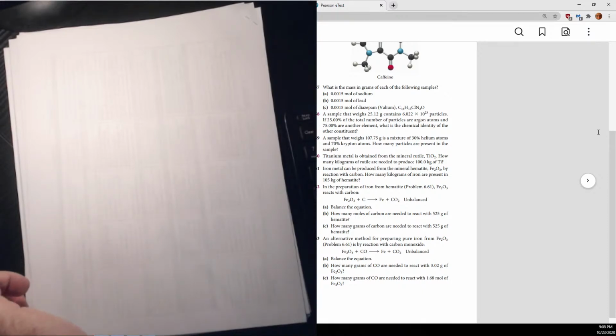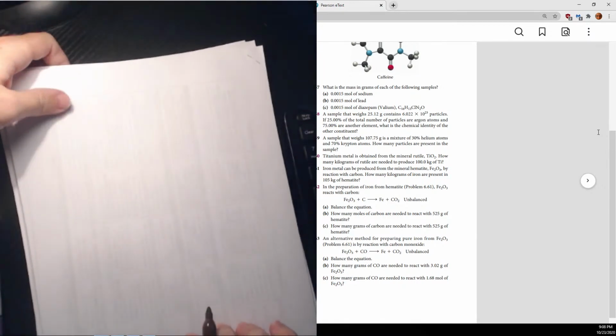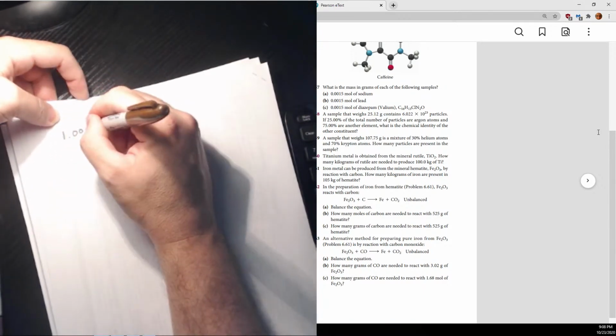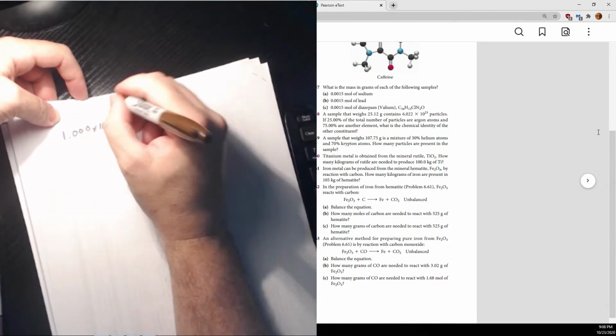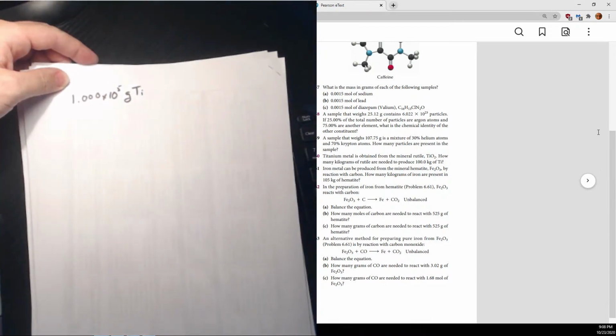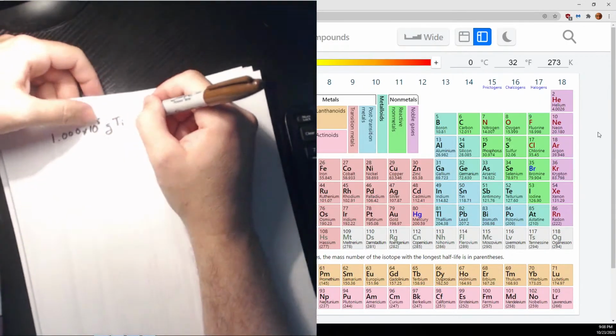Okay. So 100.0 kilograms of titanium is 1.000 times 10 to the 5th grams of titanium. All right, and the molar mass of titanium is 47.867.